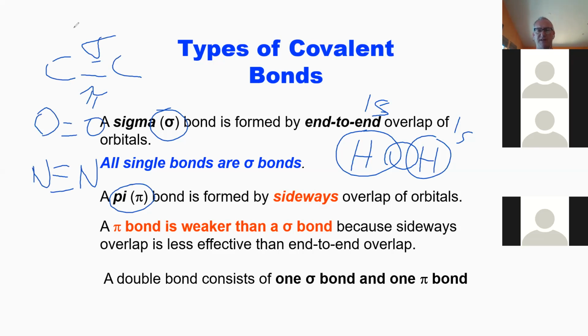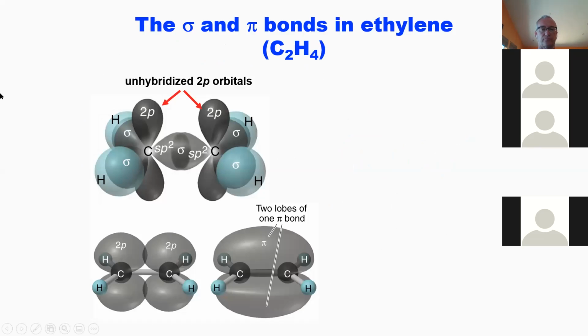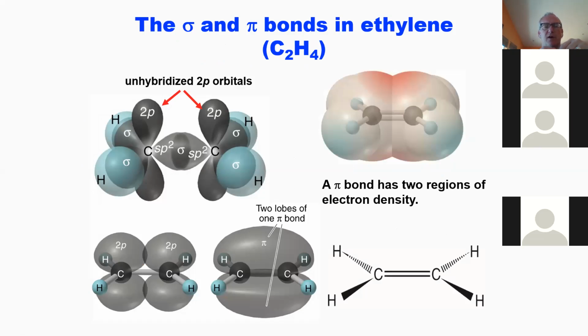And you remember that pi bonds have a really weird shape. So I've got the sigma here is a shared pair that come in close contact. So these come in close contact with each other and overlap.